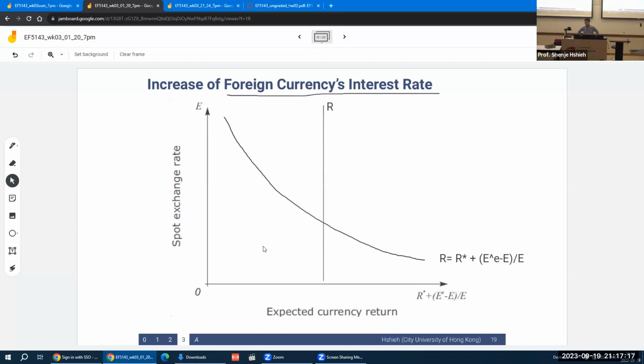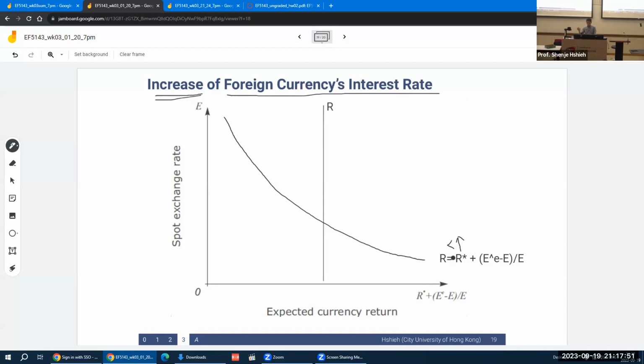So first things first, I'm going to use just the formula to show you what must happen graphically. If we look at the formula, we're going to increase the foreign currency interest rate upward. Based on that increase, we know that the entire equation is going to have this inequality: the right-hand side is going to be greater than the left-hand side.